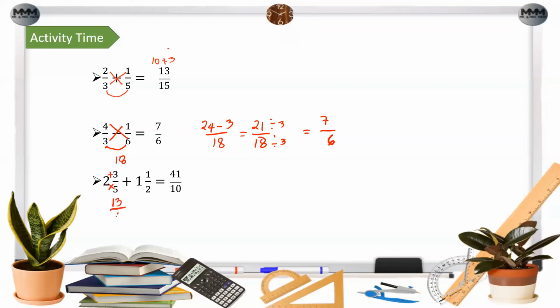So 13 over 5 plus 2 times 1 is 2 plus 1 is 3 over 2. So if we multiply the denominator, we have 10. Then here we have 26 plus this one, 15. So this is equal to 41 over 10. So that's it.